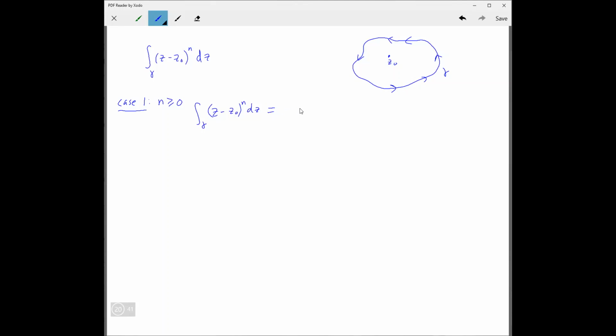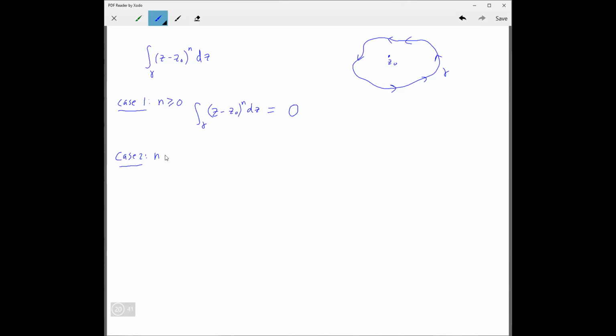You should be able to just say it right away. 0. Yeah, that's 0, because when n is greater than or equal to 0, these are all holomorphic. This is an entire function, so the integral is going to be 0.